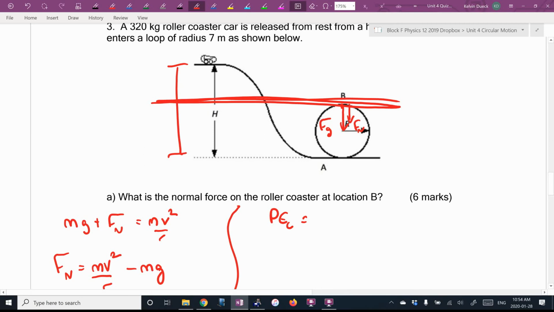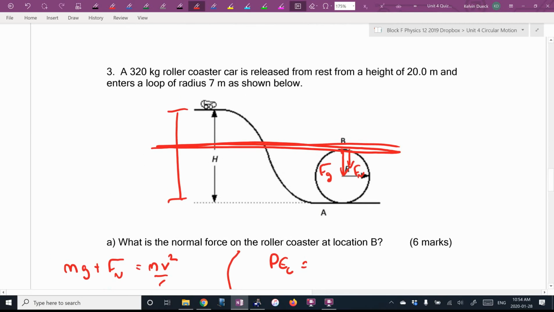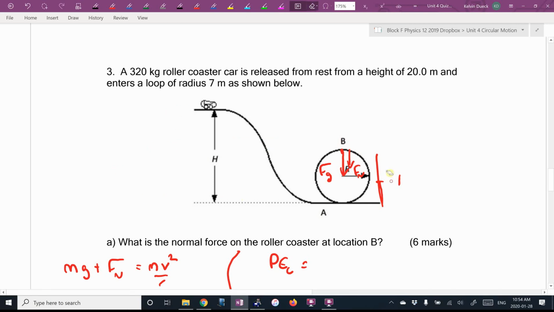It says this whole thing is 20. The radius is 7, so this whole thing is 14. I could let h be 6 and let my final potential energy be 0. Anybody do that? So I got to do this the long way. Fine.